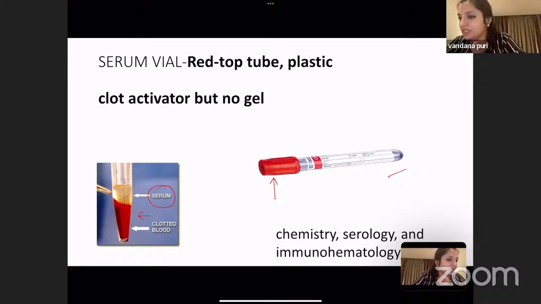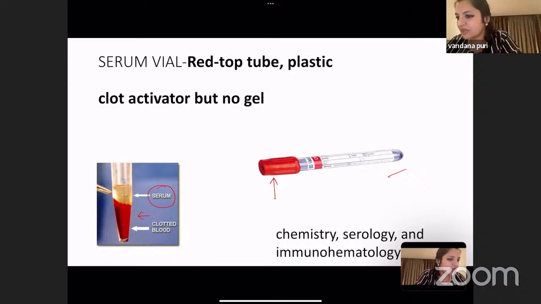This serum is used for basic chemistry, liver function tests, kidney function tests. For serology, in blood banking, if you have to do hepatitis B testing, HIV testing, that is done in a serum vial. In immunohematology, if you want to do the indirect Coombs test and pick up the antibodies in the serum, you can use the red top vacutainer. So please remember, this is a serum vacutainer.